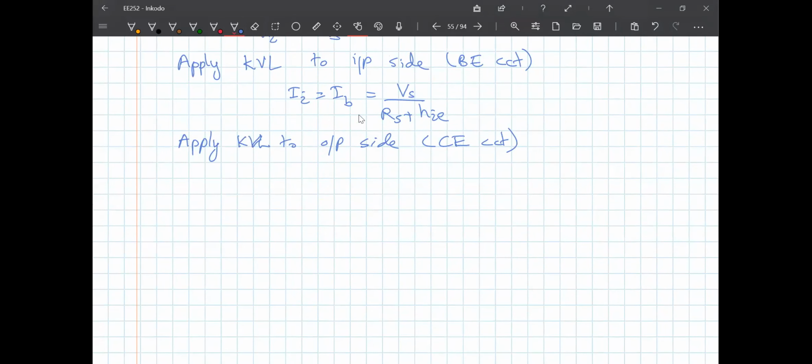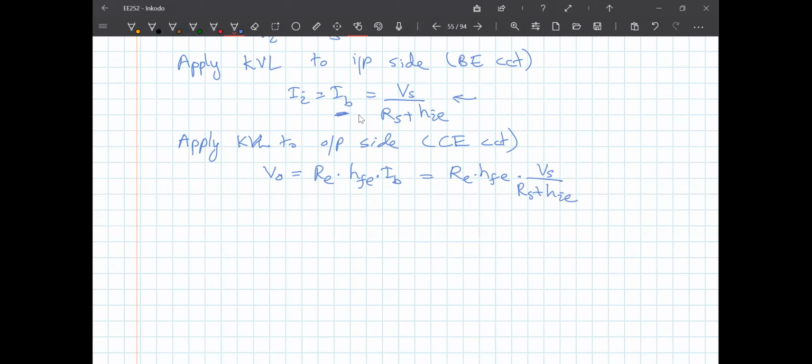So I can write V out is equal to RE times HFE times IB. This is I out, which is equal to RE times HFE times IB, and IB is this quantity here, Vs divided by Rs plus Hie.